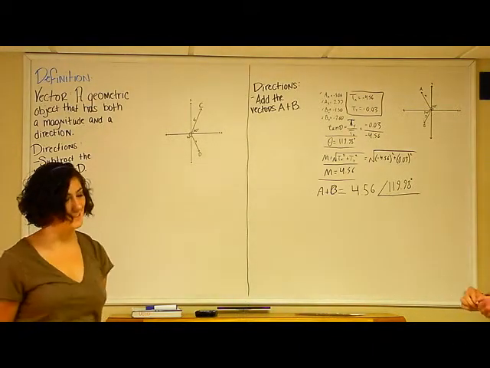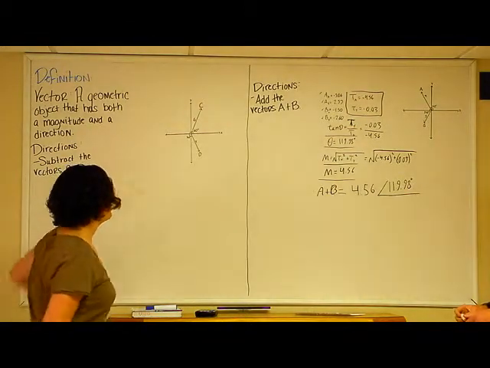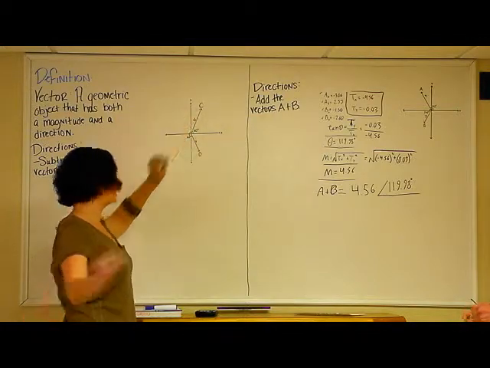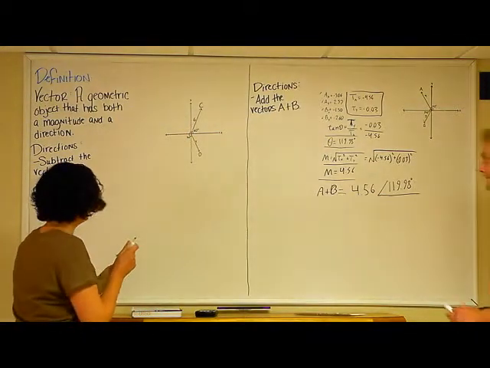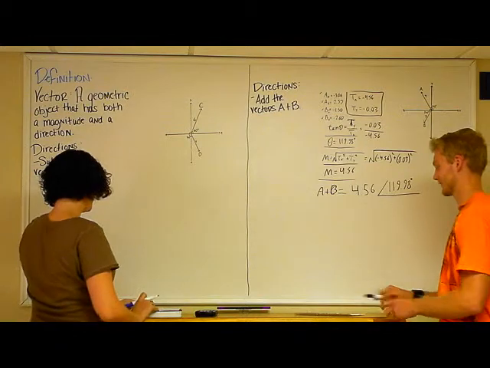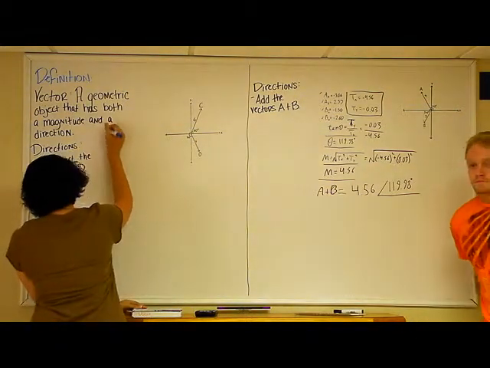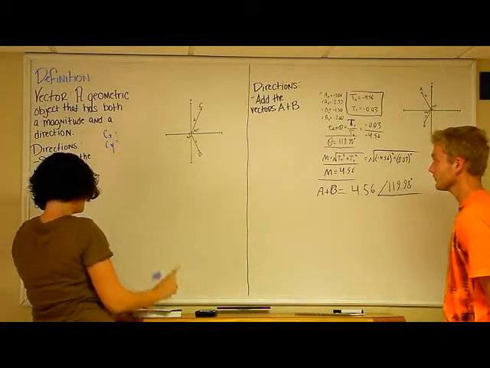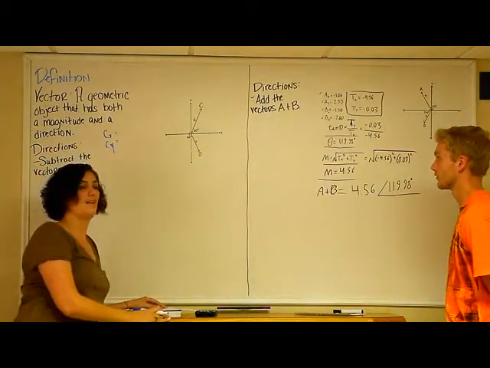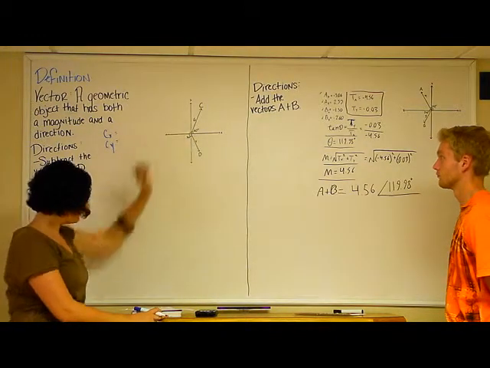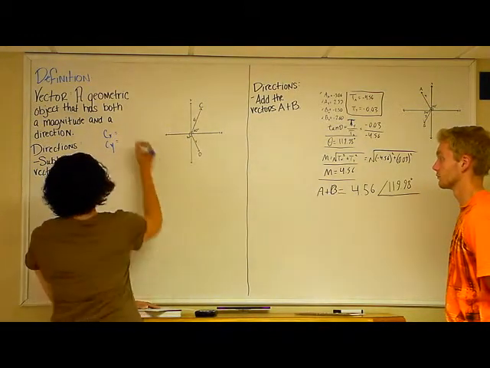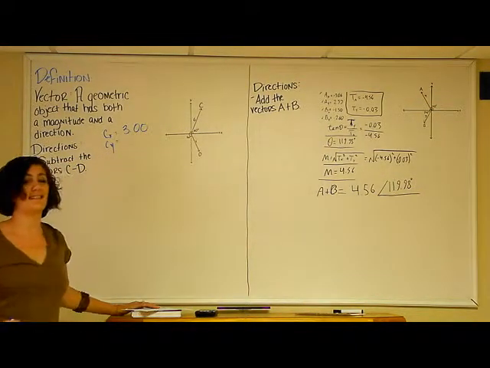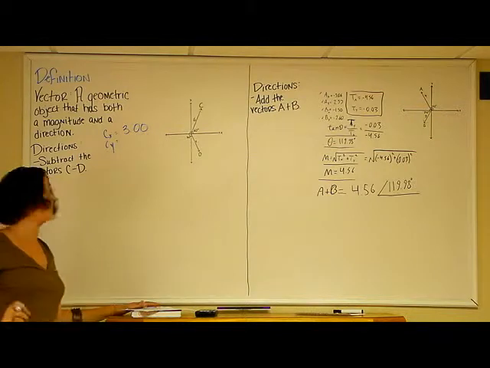And for subtraction, I'm going to be subtracting vector D from vector C. Cx and Cy: Cx is 6 times the cosine of 60 degrees, which is 3.00. Cy is 6 times the sine of 60, which is 5.20.